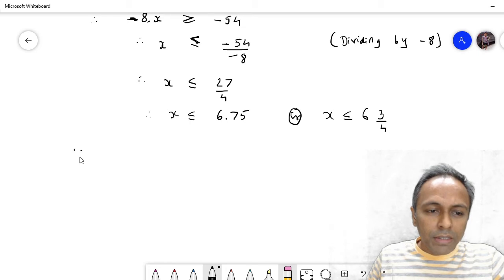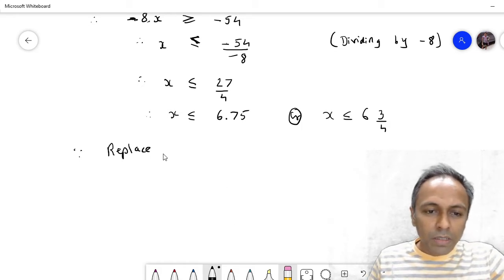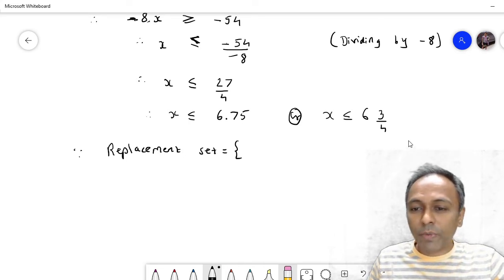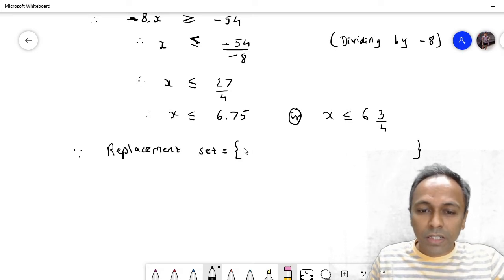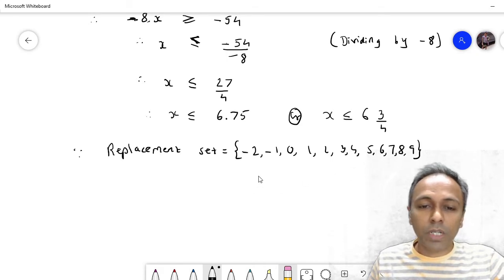Now we can write, since the replacement set is all integers which are between minus 3 and 10. So let's not include minus 3: minus 2, minus 1, 0, 1, 2, 3, 4, 5, 6, 7, 8 and 9. 10 won't come.